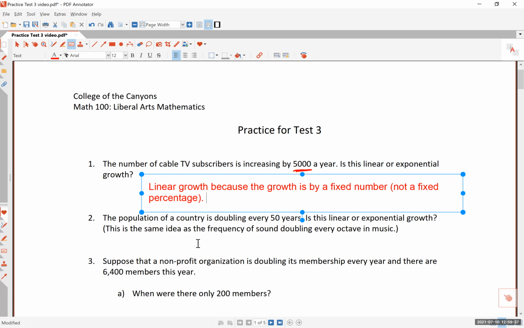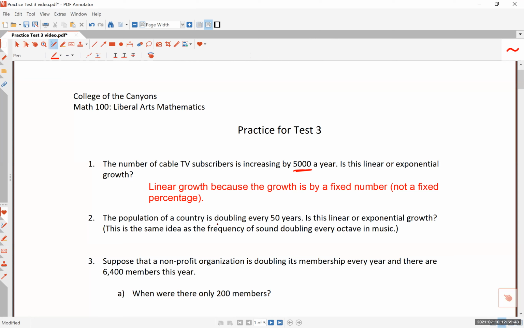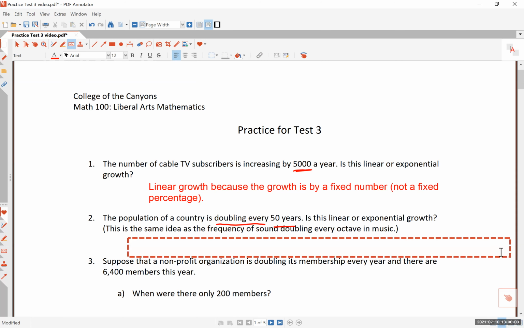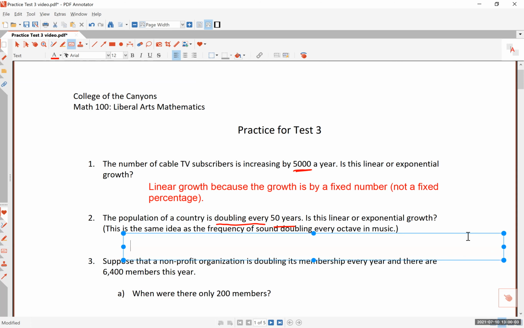And then how about the next one? The population of the country is doubling every 50 years. So here, it doesn't specifically say a fixed percentage, but doubling every so many years or doubling every so many periods is a distinguishing characteristic of exponential growth. All right, so the answer here is exponential. And that is true whenever there is a fixed doubling period.